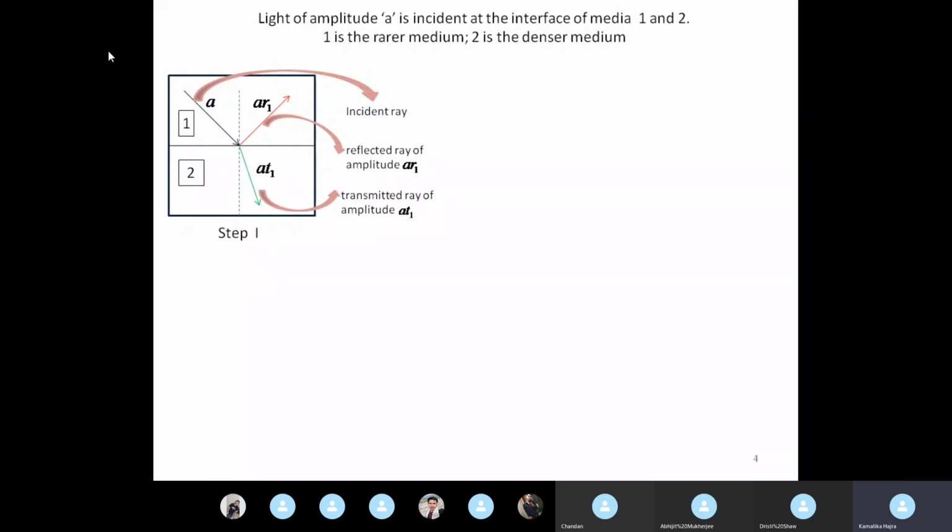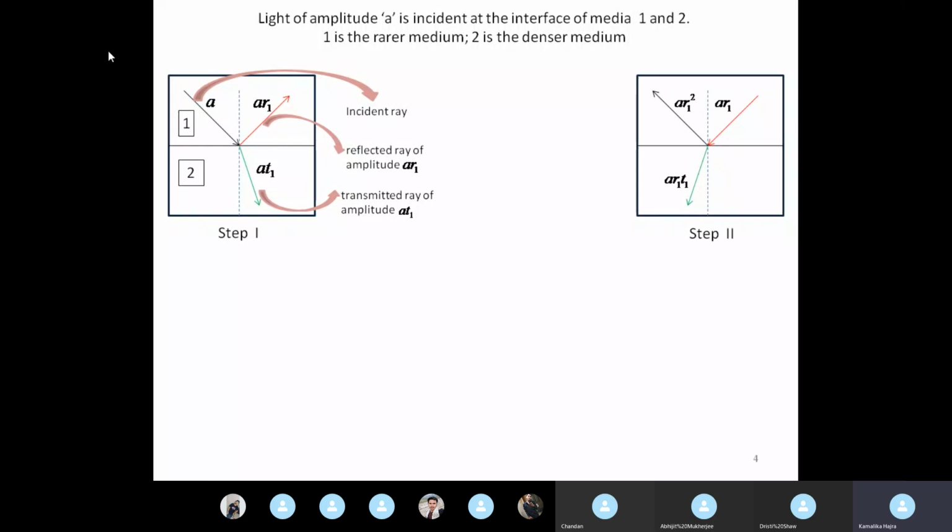Now we consider another scenario where the source is kept here so that this is our incident ray. So now we have a second scene, same set of media 1 and 2, but now the incident ray has amplitude AR1. Okay. So again, the incident ray will be partly reflected and partly transmitted.